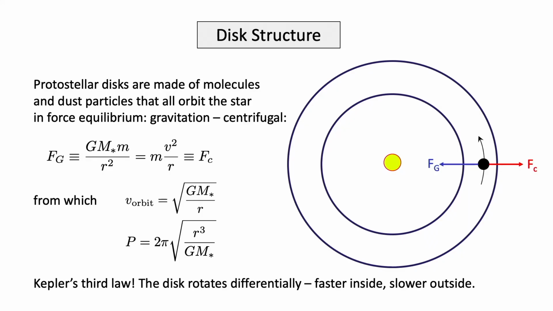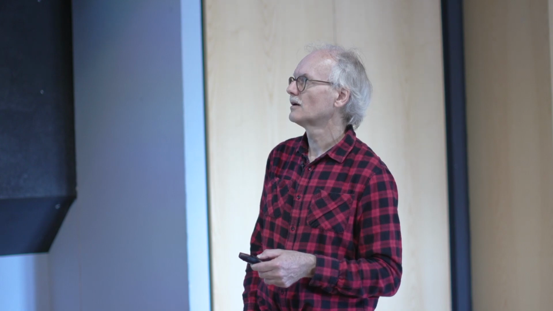I have already said something about Kepler's law. I need to say it, of course, now, but most of you know those laws, so just a repetition. Any orbiting gas molecule, like any planet, in orbit around the star is subject to force balance between gravitation, the attracting force between the particle and the star, and the centrifugal force, which goes with v squared over r.